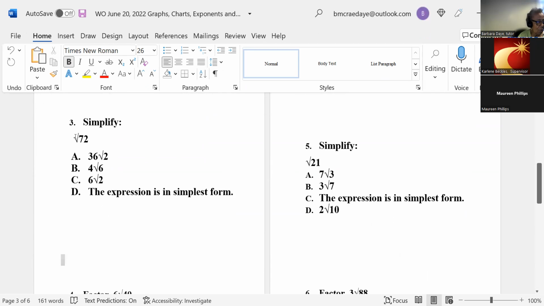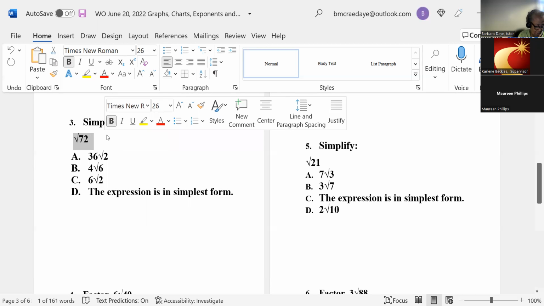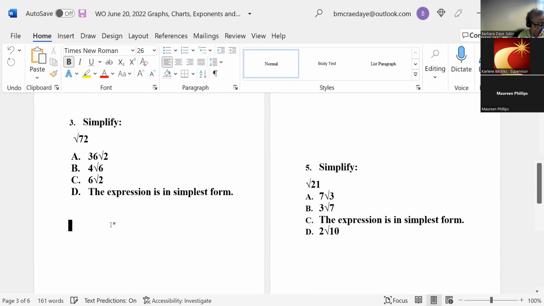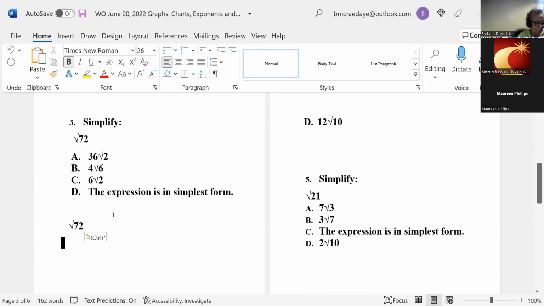Simplify square root of 72. So tell me what you did. I do 12 and 2. The square root of 72, right? Right, and you broke that into 2 radicals. What 2 radicals did you put here?